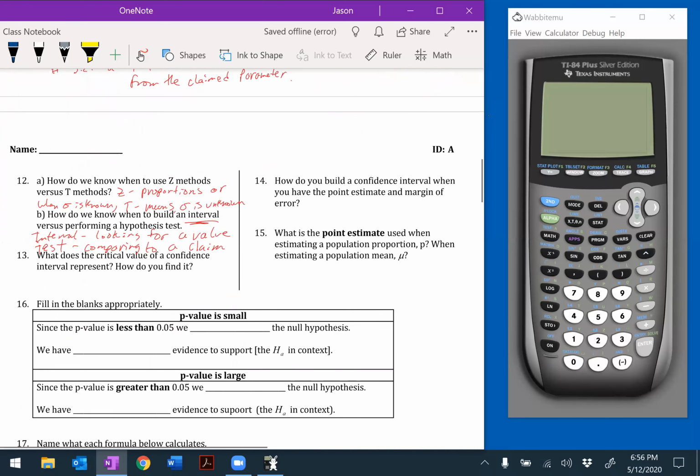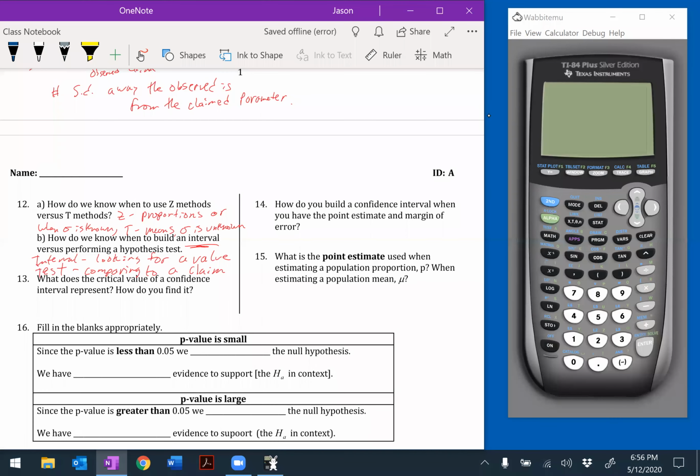Okay, what does the critical value of a confidence interval represent, and how do you find it? The critical value, which is our Z star or our T star, it's either Z star or T star.